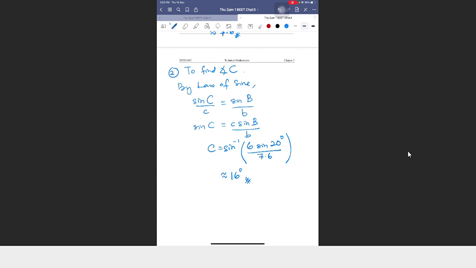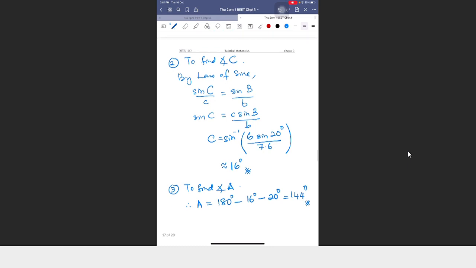Then finally, the last step is to find the last angle, in this case angle A. So this one is quite straightforward. To find A, you just subtract from 180, minus 16 degrees for C, and then minus 20 degrees for your B from the question. If you do that, you'll get 144.